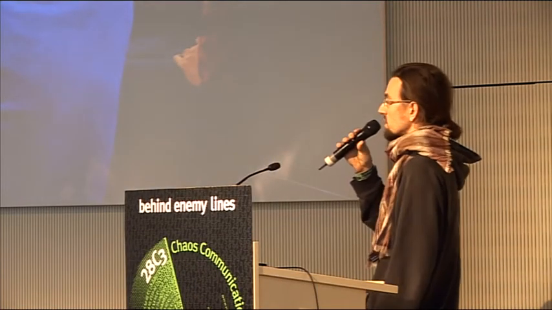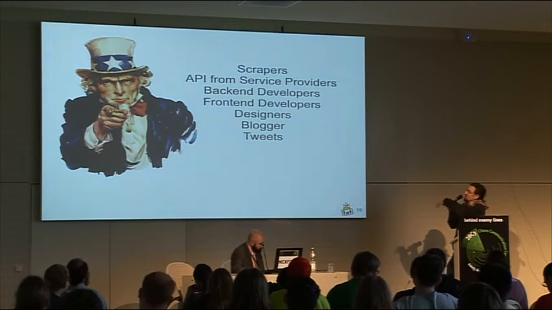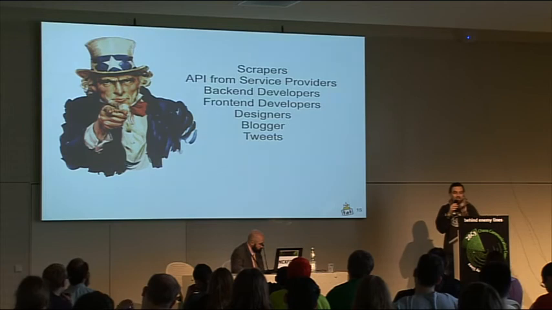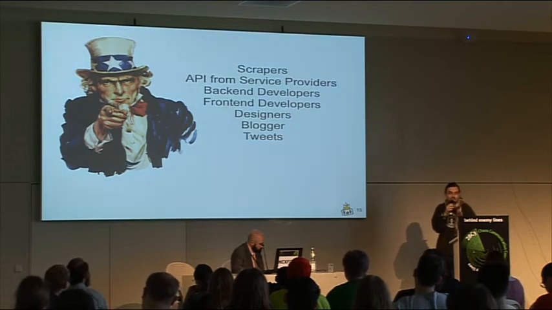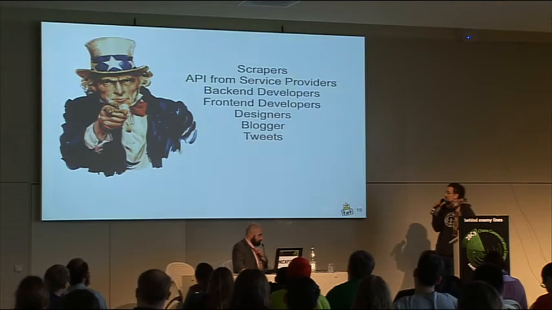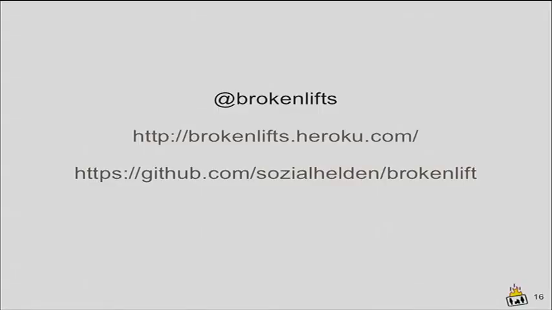I never did a project like this. We need you: back end, front end, designers. You can also spread the word, give us a tweet. We want to improve the whole broken lift situation, and if you extend this project, that would be good.